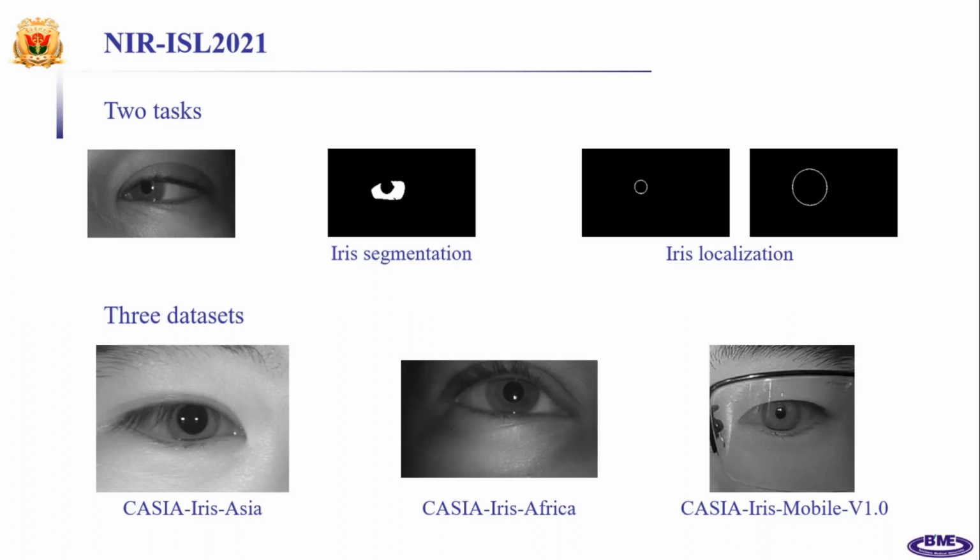We are required to provide a segmentation and a localization model for each dataset. We have tried a multitask model for 2 tasks, but the performance has not improved. Therefore, we use 2 independent models to perform 2 tasks respectively.